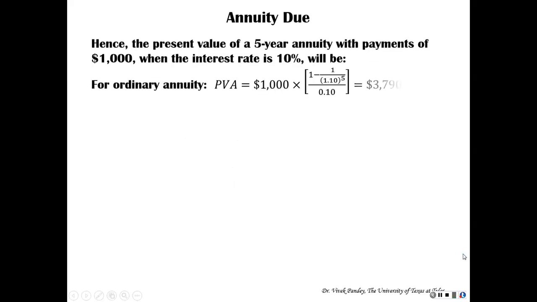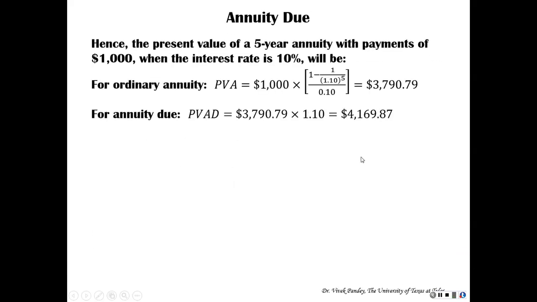Okay? So for a 5-year annuity, basically present value of a regular annuity would be 1,000 times the present value of interest factor, and that'll give us 3,790.79. You take that 3,790.79, multiply it with 1 plus the interest rate, and you get 4,169.87, right?